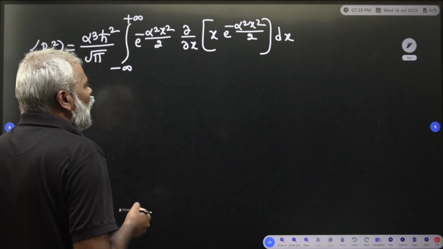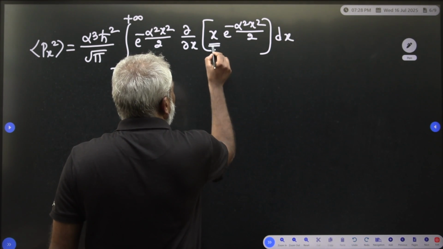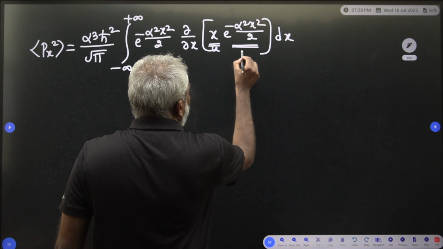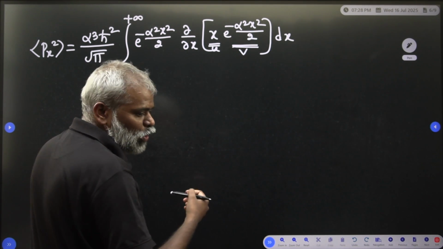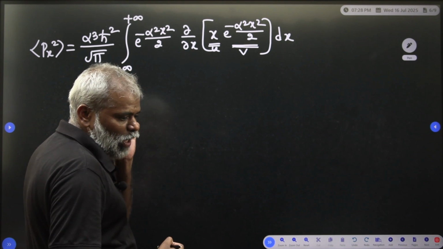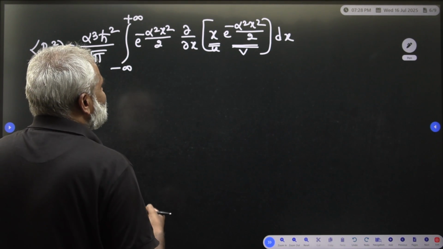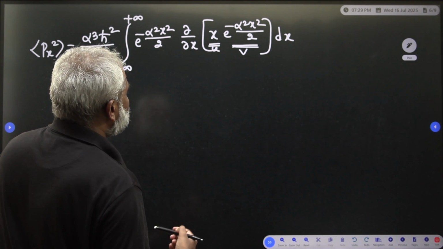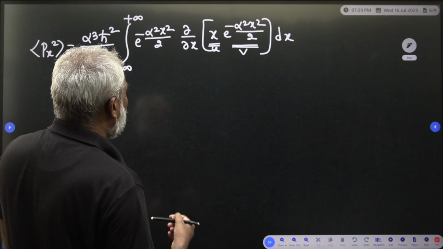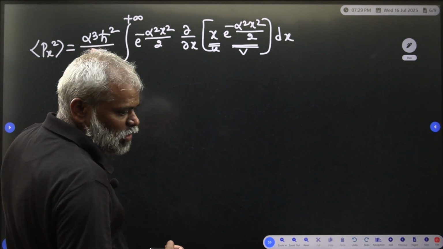Again you have to differentiate by using the uv differentiation. So what is that uv differentiation, you have to see e to the power of minus alpha square x square, minus alpha square, minus into minus you are going to get.